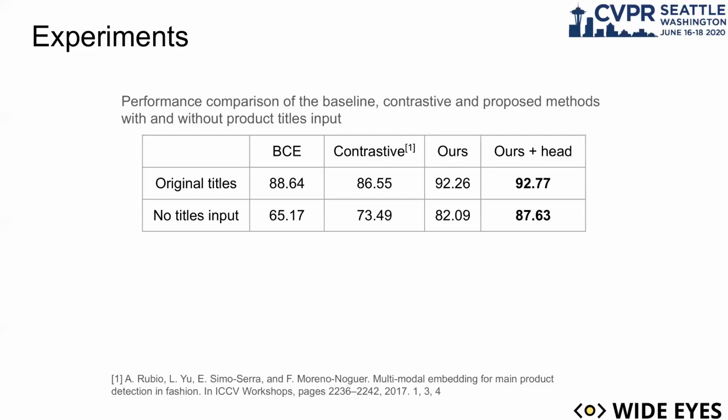And as you see, the performance of all models decreases, but the decrease in the BC and contrastive models is harsher. It's because without titles, they don't have much. But in our case, without titles, we still have the context of other images to take into account. So although the performance decreases, we can still use this information without the title.